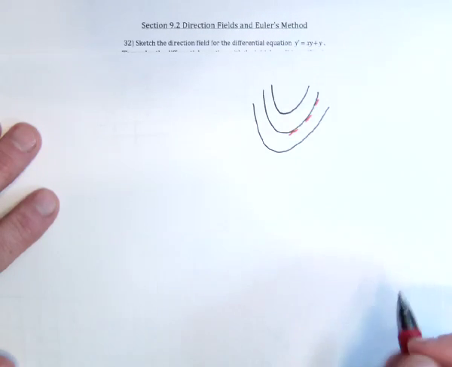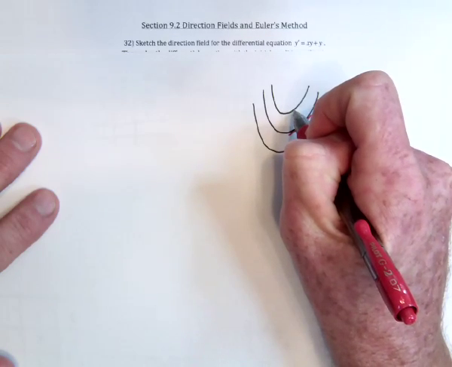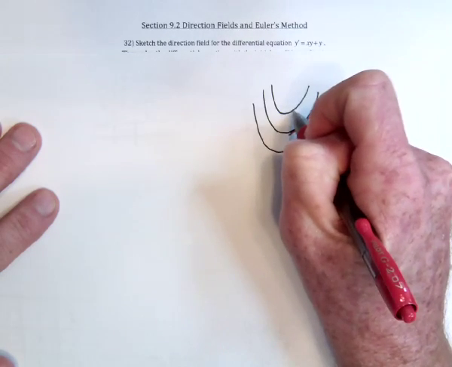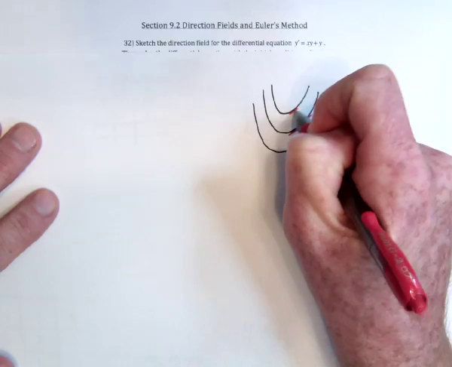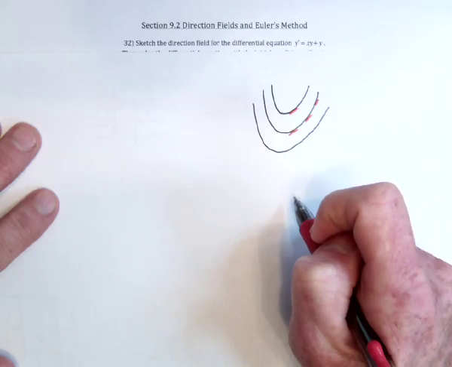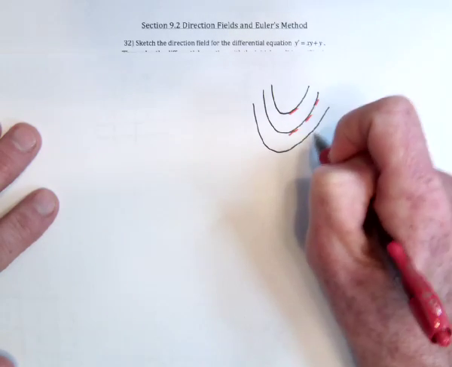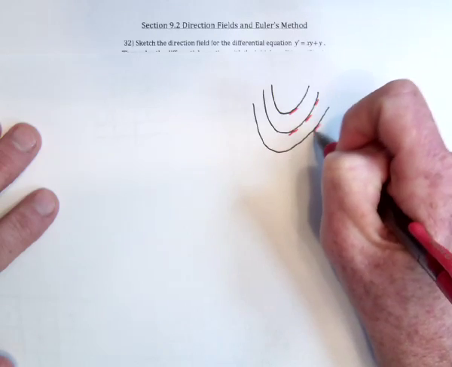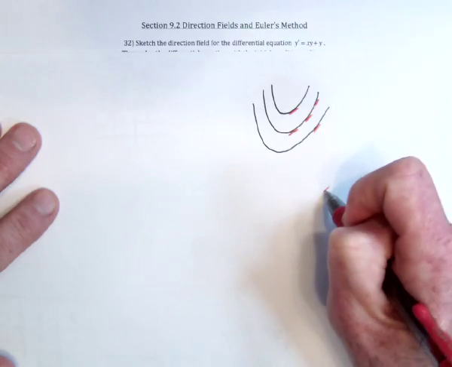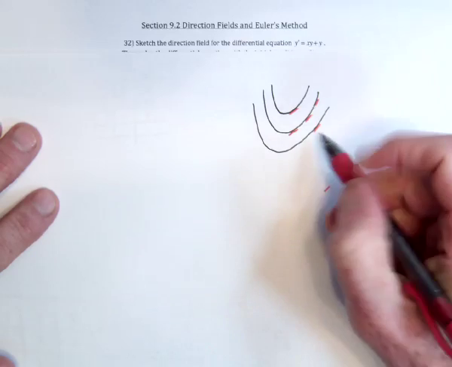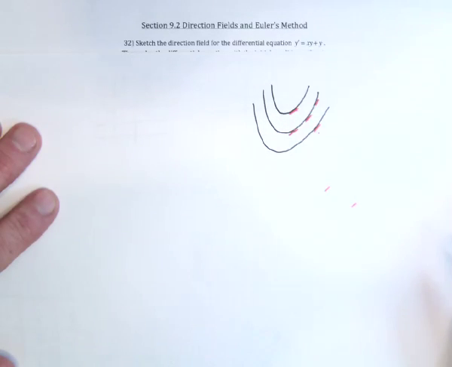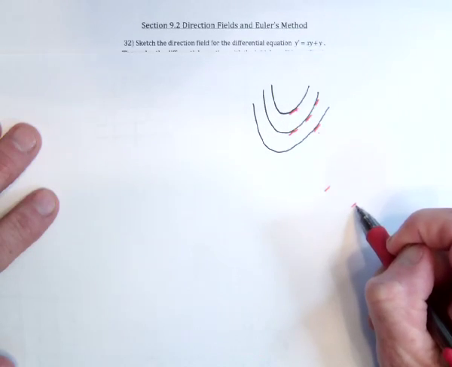If you jump around a lot and pick points sort of far apart from each other, you say, okay, the slope of this one is like this, and then the slope of this one is like this. Well, if you only had this and this, it's very hard to see which way the function is going.